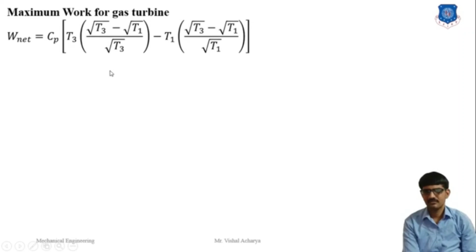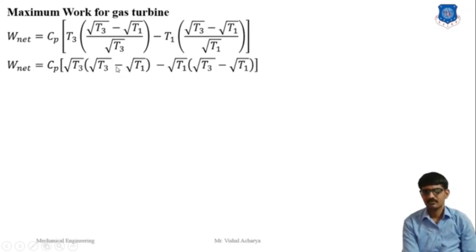So here we write root T3 minus root T1 divided by root T3, and the same, root T3 minus root T1 divided by root T1. Here T3 into (root T3 minus root T1) is common out with the term, and T1. So we get 2 root T3 root T1, and here T3 minus root T1 is common out in both terms.